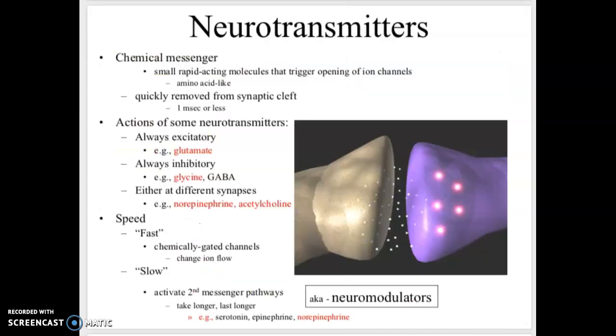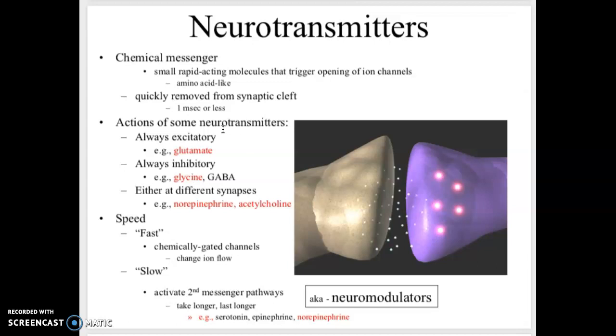Now we're going to talk about neurotransmitters and different classes of them. Don't panic, you don't need to know all of them, but you do need to know the stuff in black. Neurotransmitters, like we said, are small chemical messengers that quickly get removed from the synaptic cleft. This is what two neurons use to talk to each other.